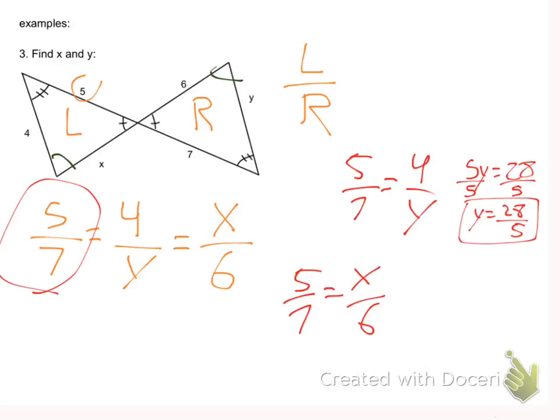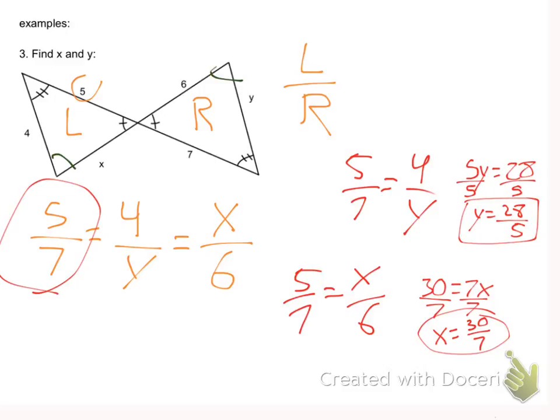Not that bad. The bottom one, 5 times 6. So it's 30 equals 7x. Oh, divide both sides by 7. I don't think I can reduce that as well because 7 is a prime number, correct? So your answer is 30 over 7 for x, and y is 28 over 5.